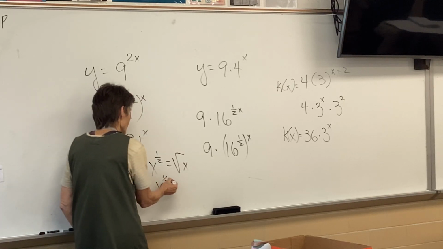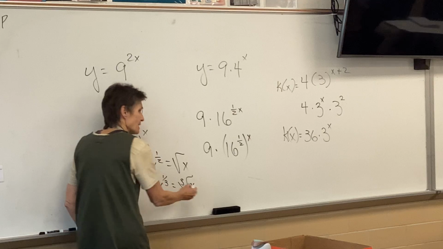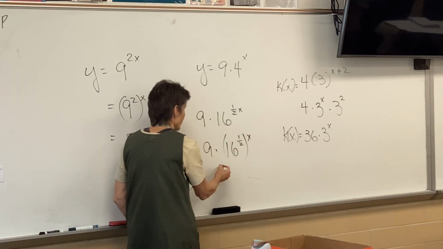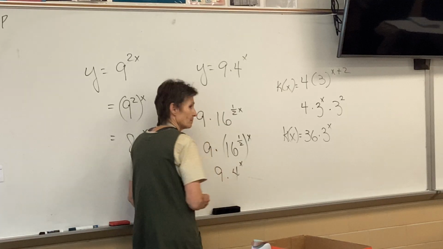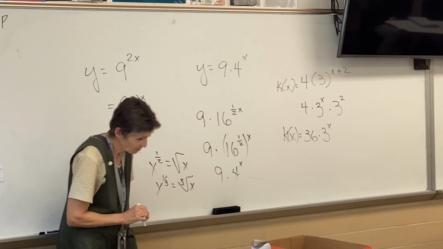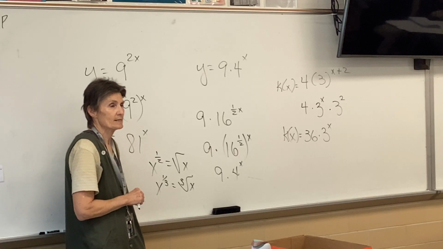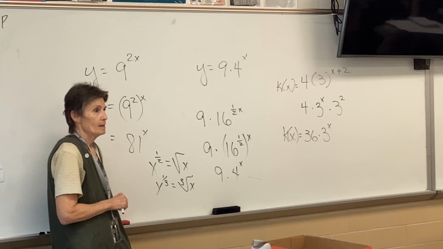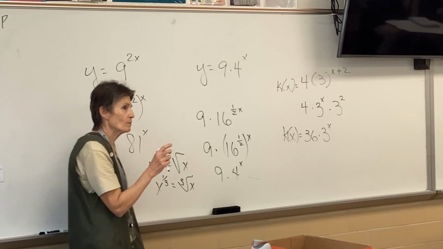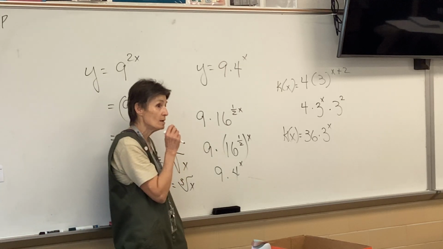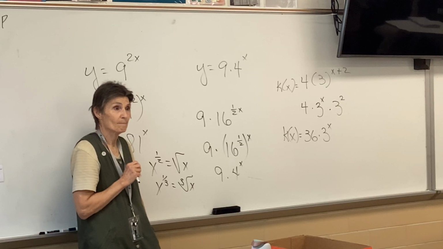X to the 1/3 means the cube root of x, and so on. So wouldn't this become a 4? Is that what I was trying to match? Yeah. So the answer there is C. My eyes zeroed in on that 1/2 because I had to get from 16 to a 4, so I needed to square root that.